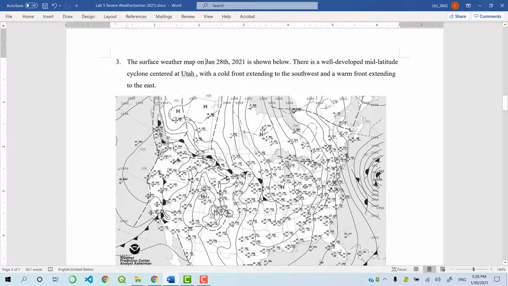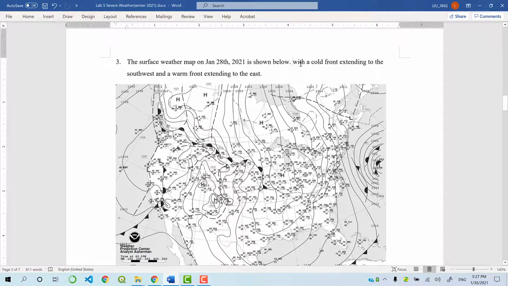That day we had a huge storm. Remember there's a well-developed mid-latitude cyclone centered here. I need to change this part. Sorry, this is from last semester, but we have a new one.